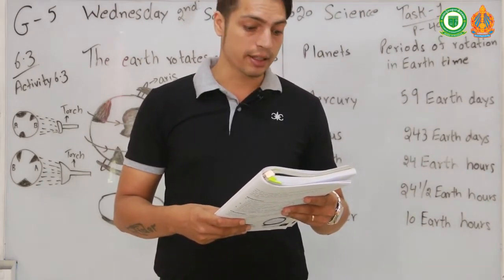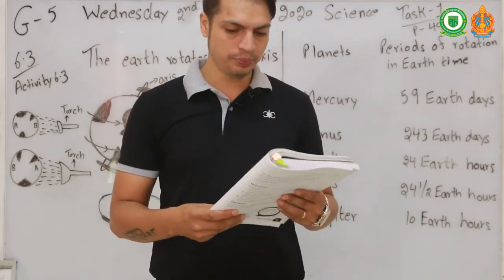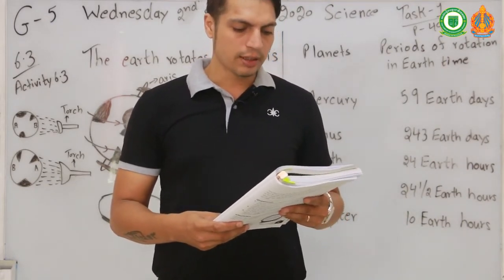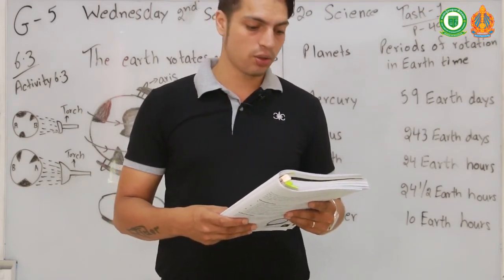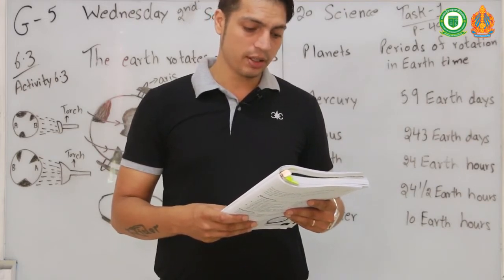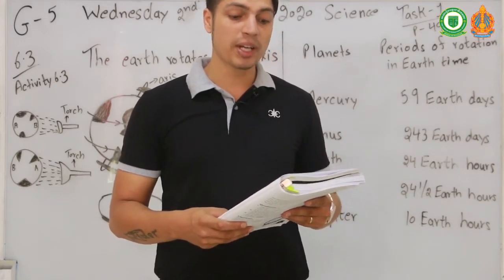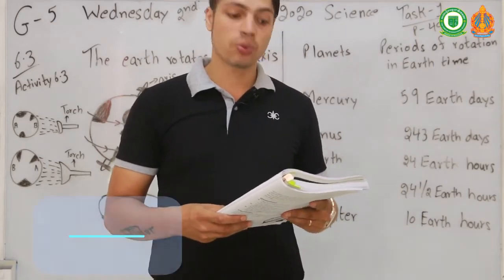It is tilted on its axis like the globe. The Earth spins all the time on its axis from west to east. We call this movement rotation. The Earth completes one rotation on its axis in every 24 hours.